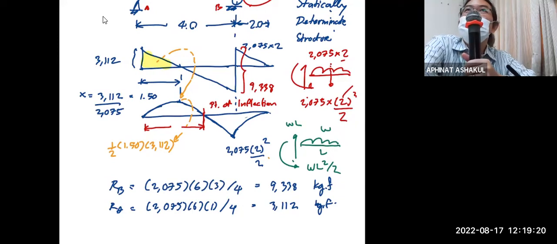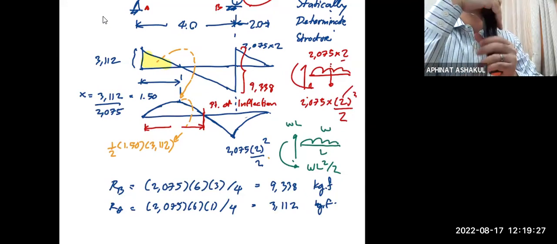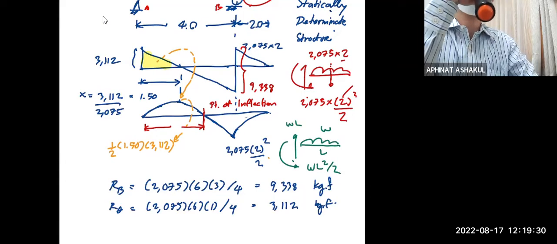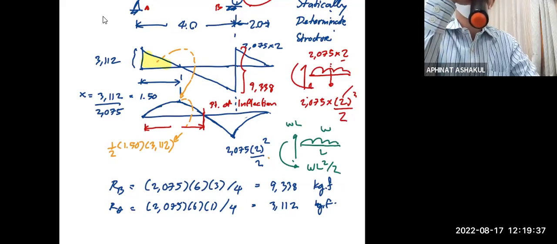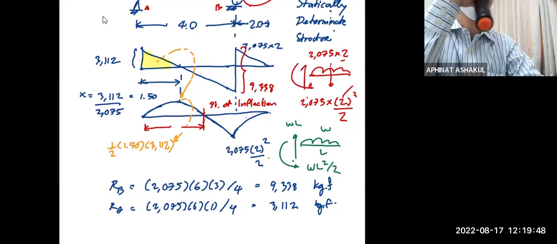It's a point where moment changes value from negative to positive or vice versa. It's important because at that point moment is zero. If you choose to connect the structure, that is the point where you can do it very easily, because you don't need to transfer moment at the connecting point. It's called point of inflection.